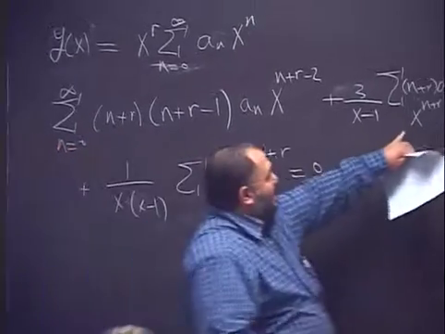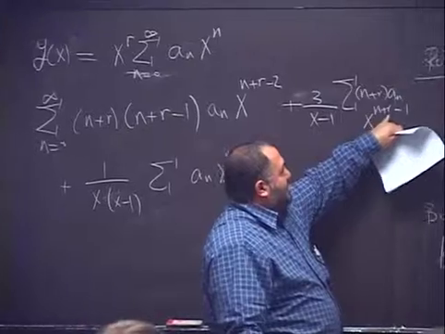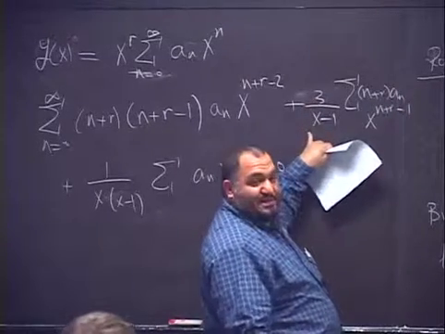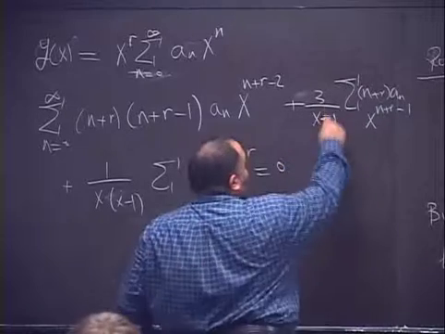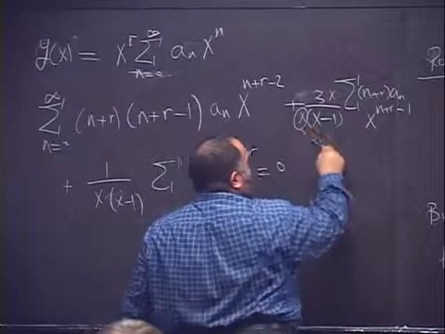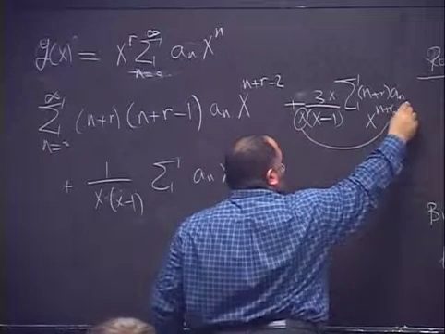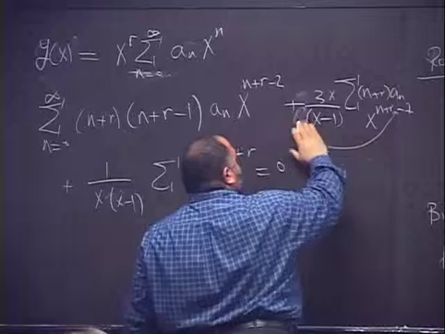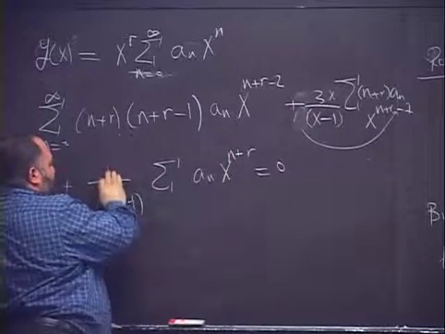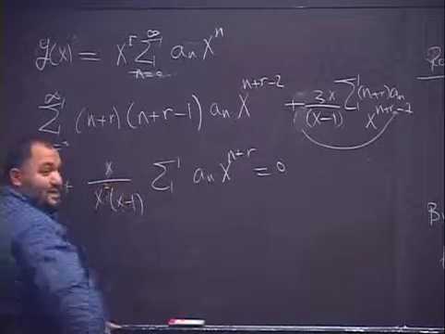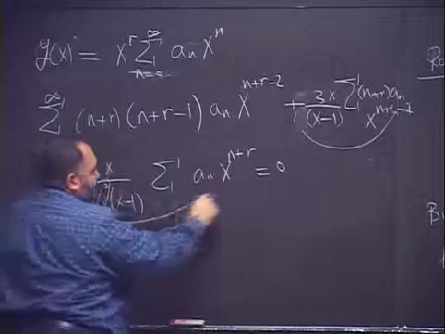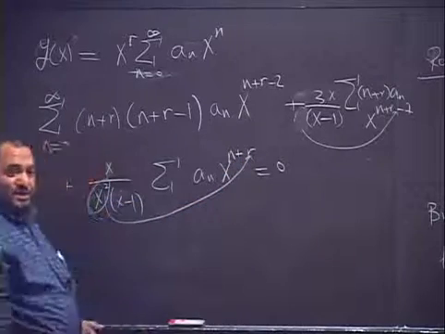Again, this is x to the power of n plus r minus 1. I can multiply here by x and divide by x. So if I multiply here by x, then divide by x, I can take this x and raise it here, and this will be minus 2. And in this one, I can multiply by x, and this will be x squared, and the x squared will be raised up here, so it will be minus 2.